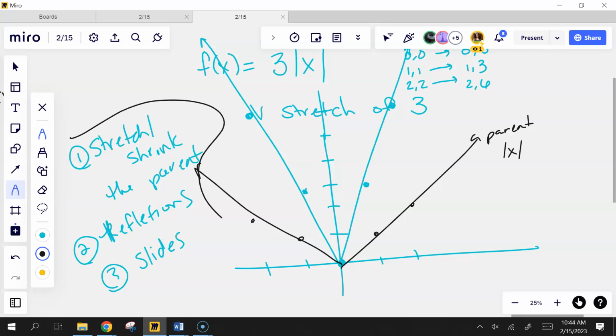Make sure you write this down somewhere. We're going to get into combinations soon. Just a minute.